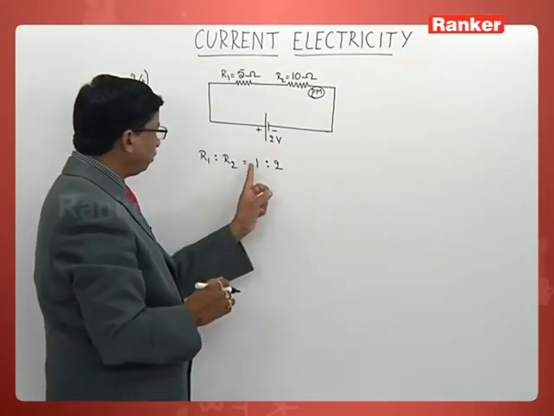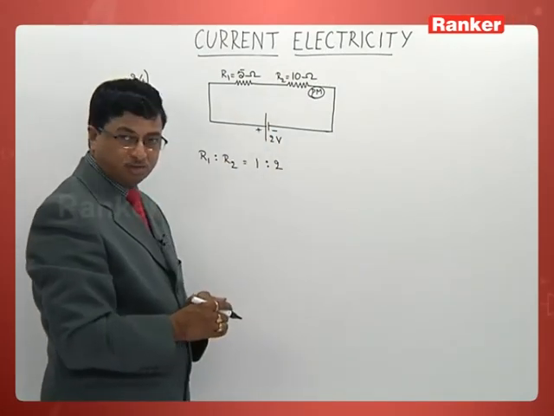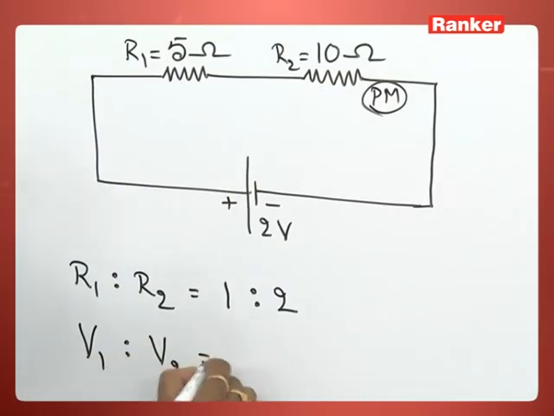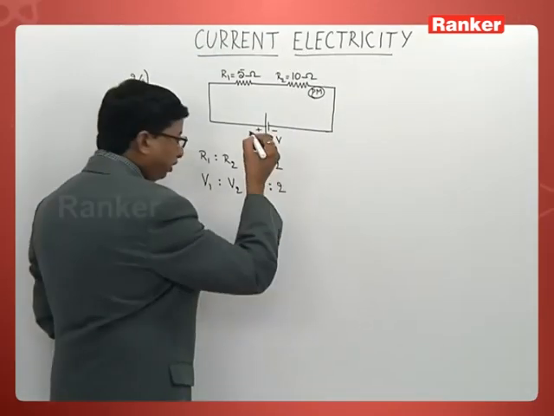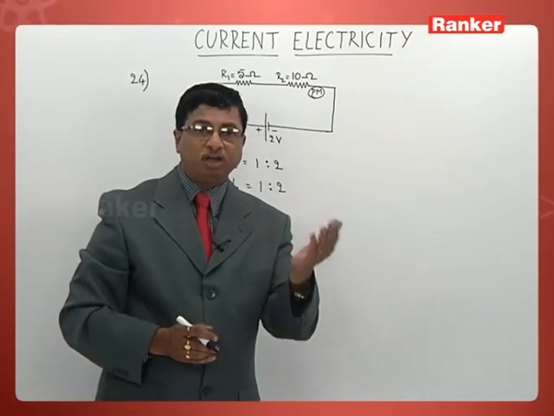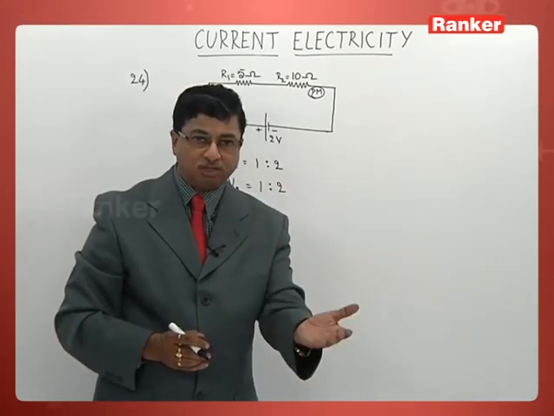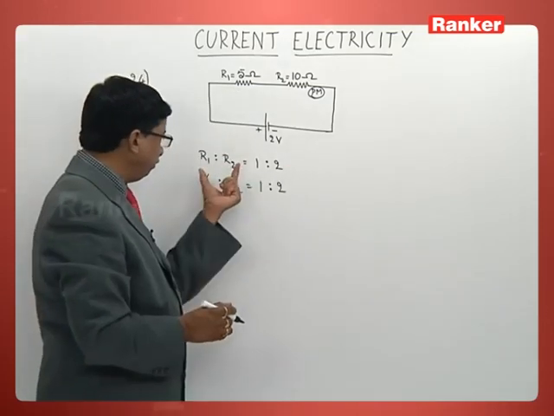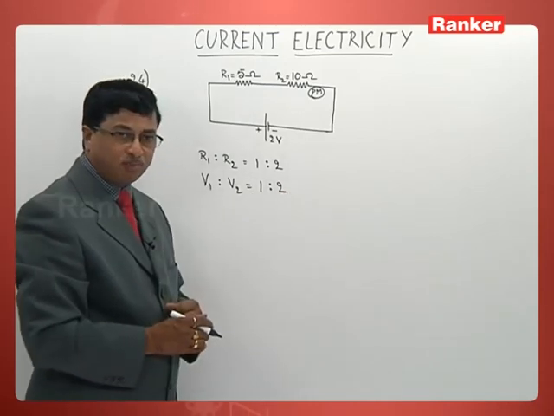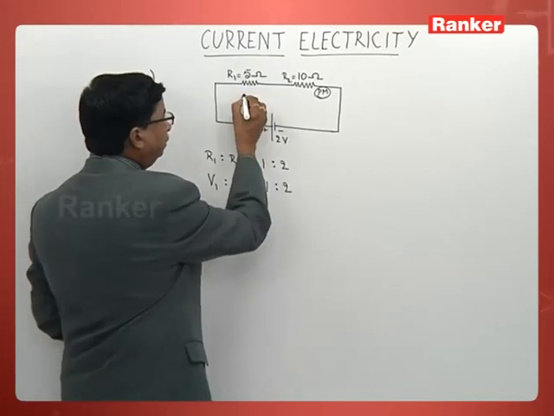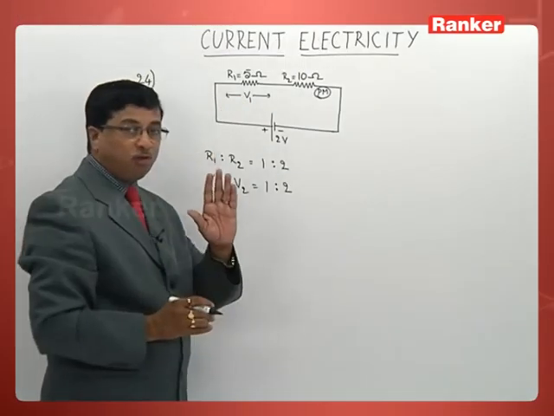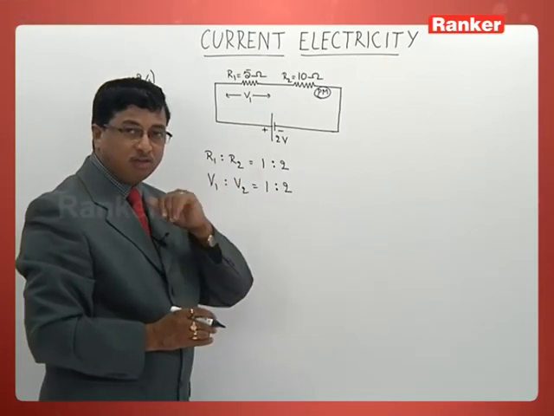When R1 is to R2 is 1:2 in series combination, automatically V1 is to V2 also will be 1:2 only. Because according to Ohm's law, V is IR. When I is constant, V and R are directly proportional to each other. So whatever be the ratio of resistances you are finding, the same will be the ratio of voltages also. But look carefully, this is potential V1. The potential difference across the 5 ohm resistance is taken as V1 here.